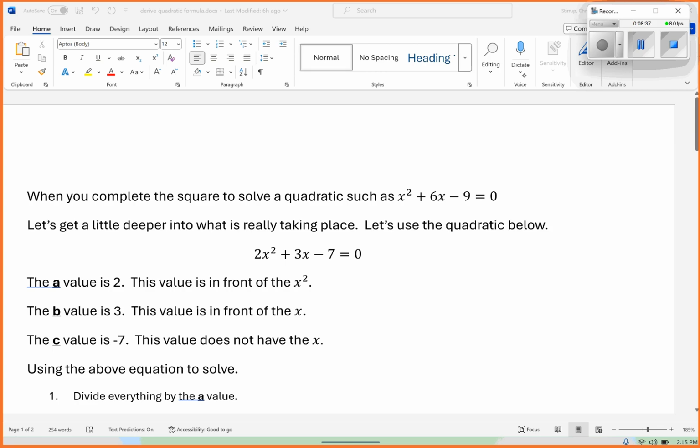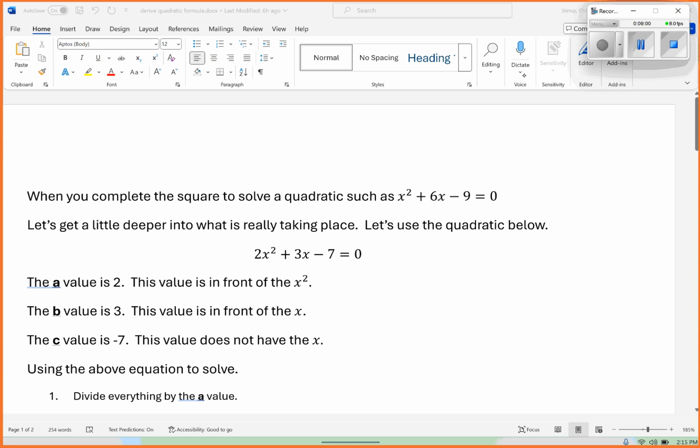So, when you complete the square to solve a quadratic, such as x squared plus 6x minus 9 equals 0, that's a quadratic, right? So we're going to go a little deeper. Take a look at the one in the middle of your paper: 2x squared plus 3x minus 7 equals 0.